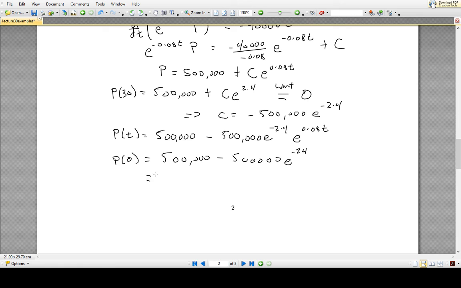If you calculate this, it's approximately equal to $454,641. So the initial value must be $454,641.